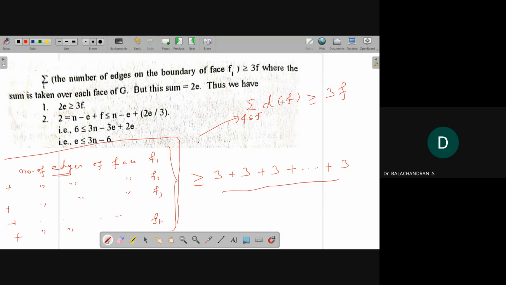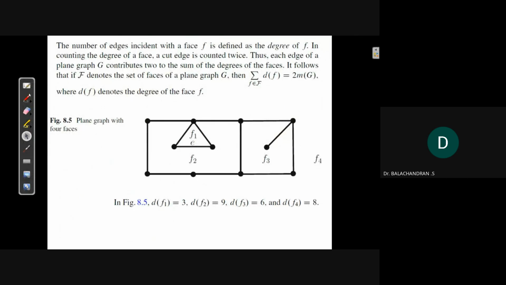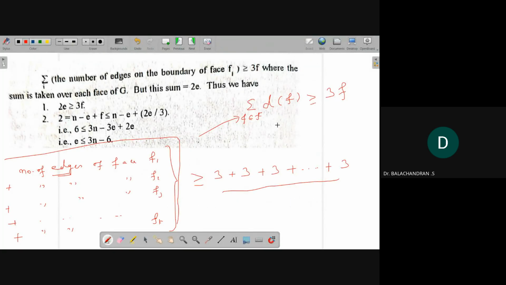But the sum of the degrees of the faces is twice the number of edges, so 2m or 2e you can use. So 2e is greater than or equal to 3f. So now I got this one: 2e is greater than or equal to 3f. Okay, first step.